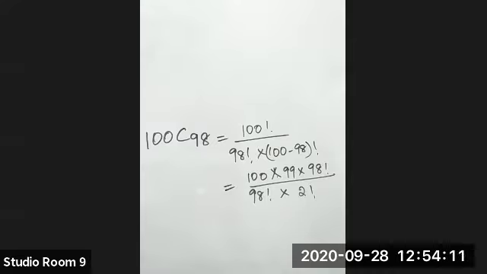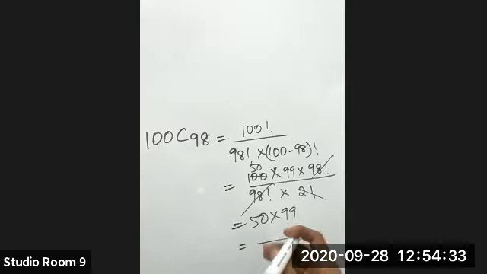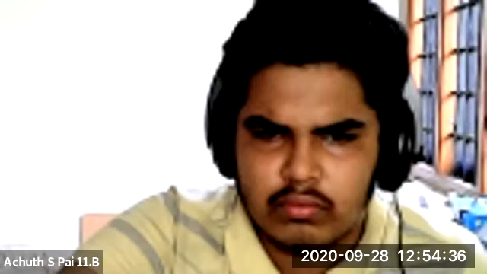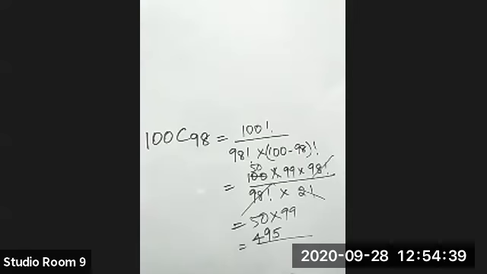Is it correct? So here 98 factorial will get cancelled. 2 factorial means it is 2. 2 into 100, it is 50. So we'll get 50 into 99. What is the answer? It's 4950.